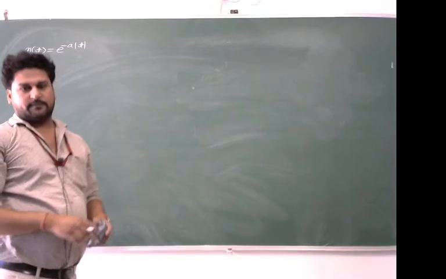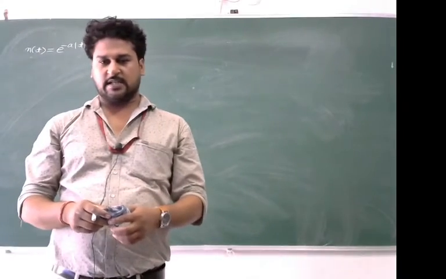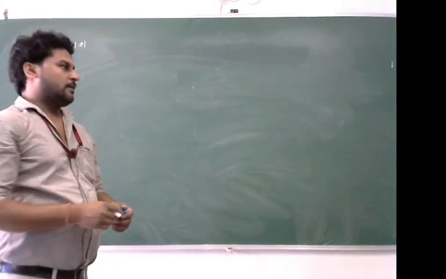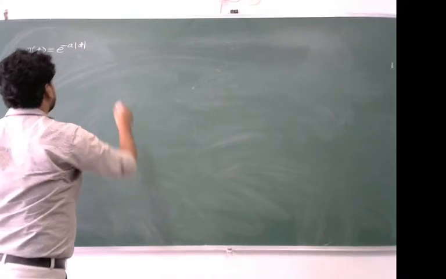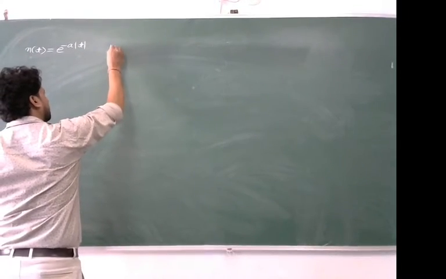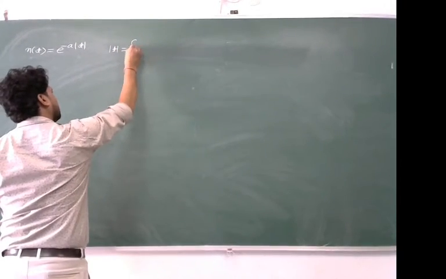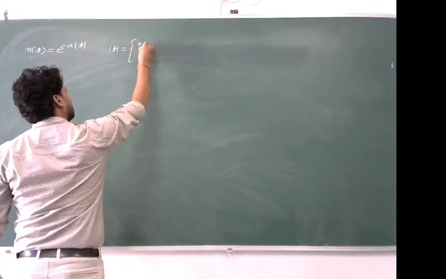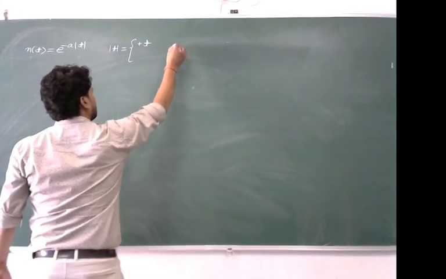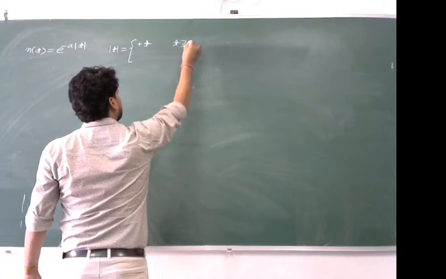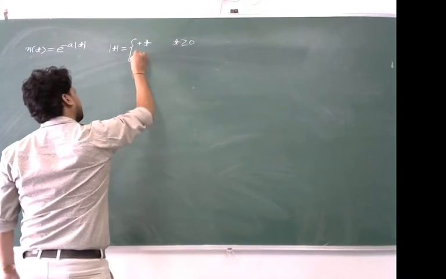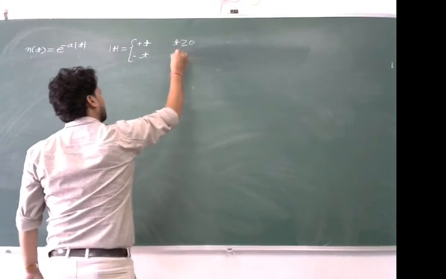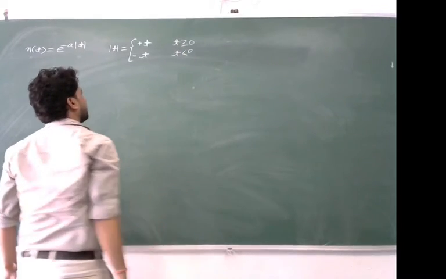And we know the definition of the modulus function: mod of t will be equal to plus t when t is greater than 0, and it will be equal to minus t when t is less than 0.